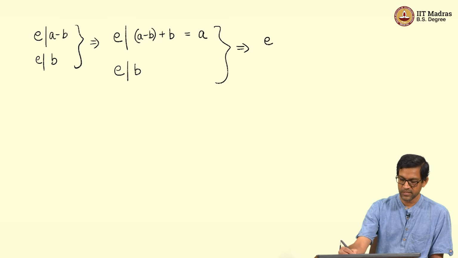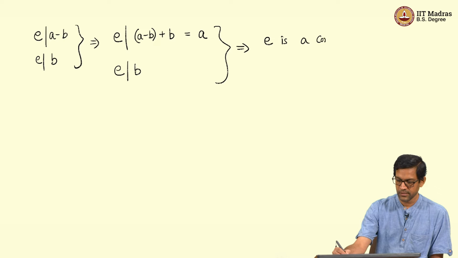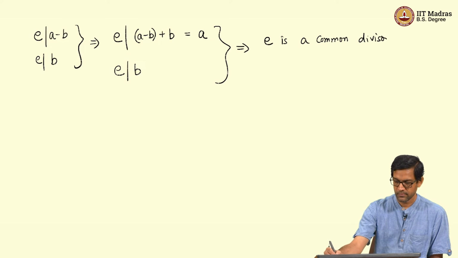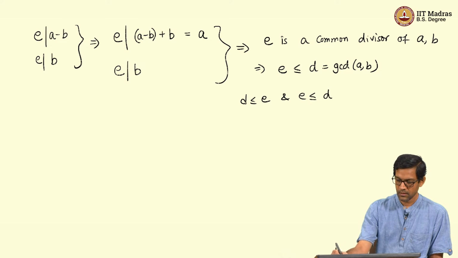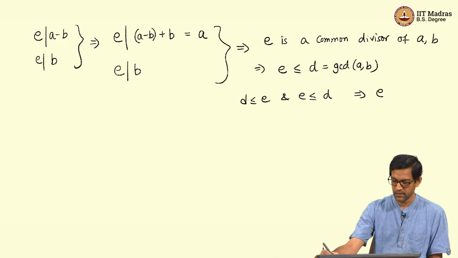Together this means that e divides both a and b, it is a common divisor. So, same argument: d is supposed to be the greatest of the common divisors of a and b, and so I conclude e is at most d. So, together, I have proved both directions, therefore, I have shown that d is equal to e.